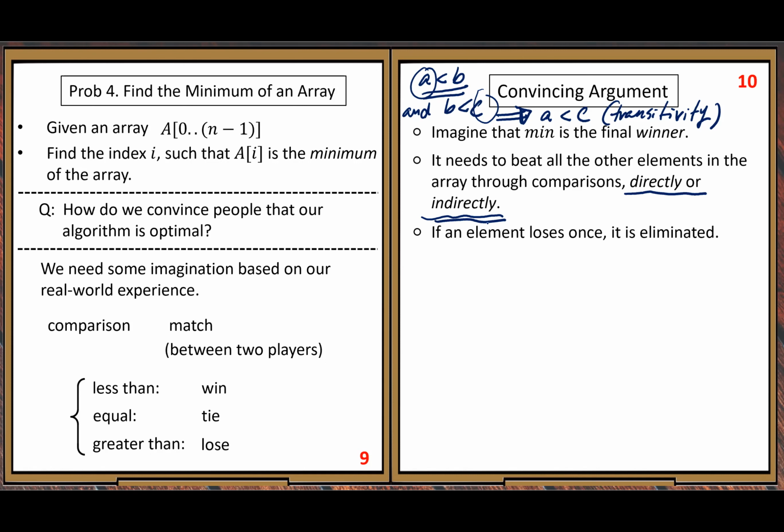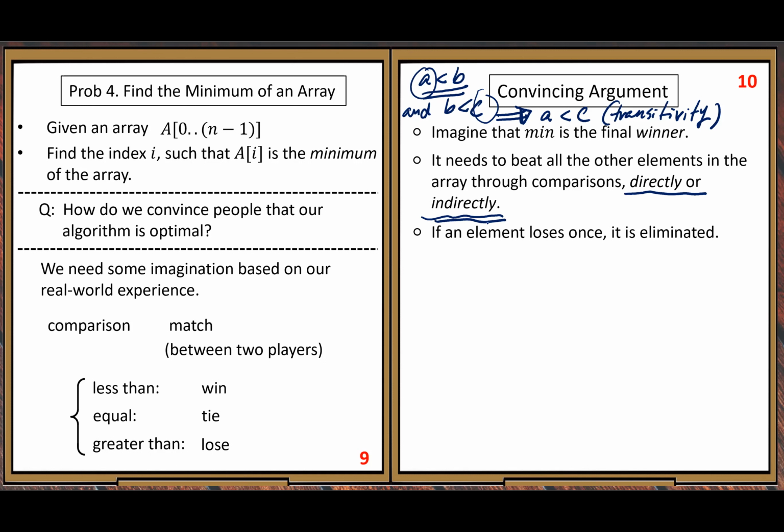Now, next, if an element loses once, then it is eliminated. If an element loses once, it cannot be the minimum, right? If it loses once, that means it's greater than at least one element, then it cannot be the minimum.